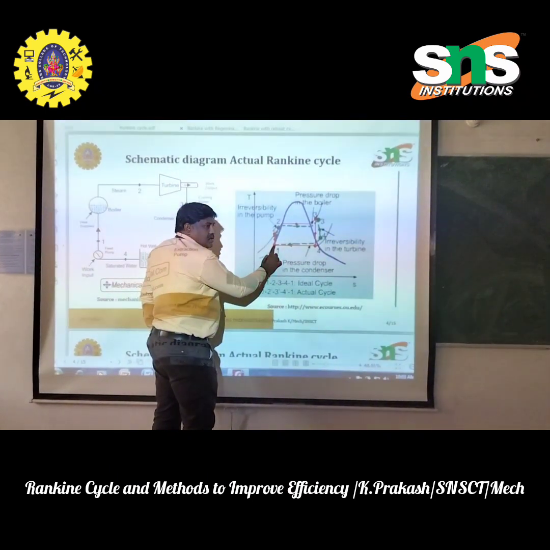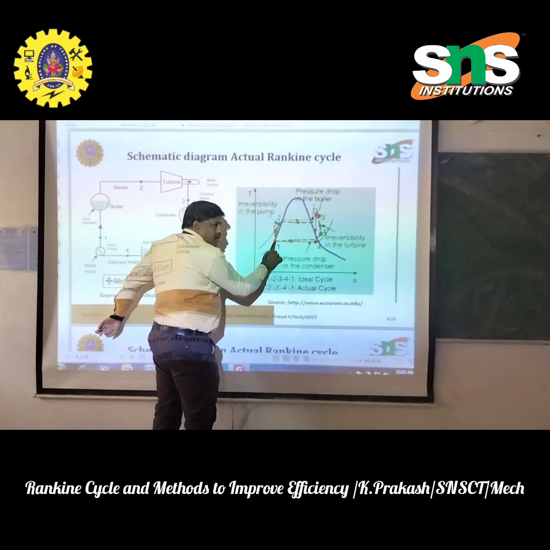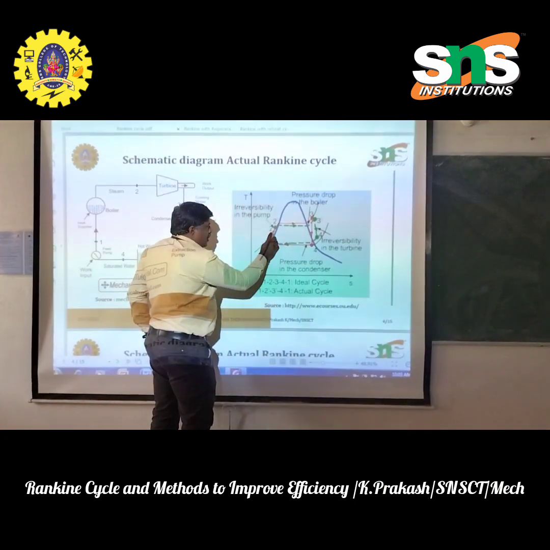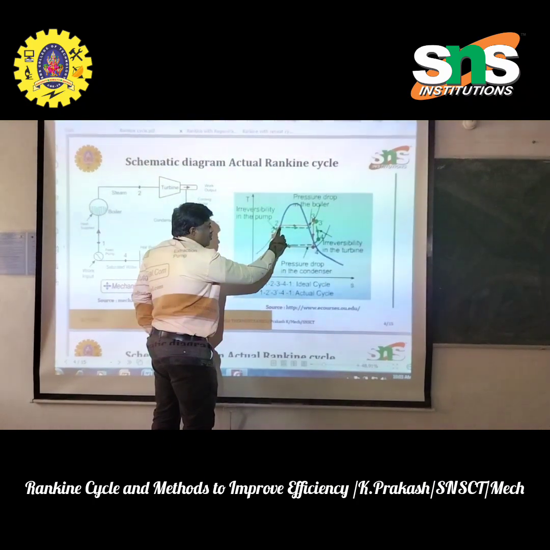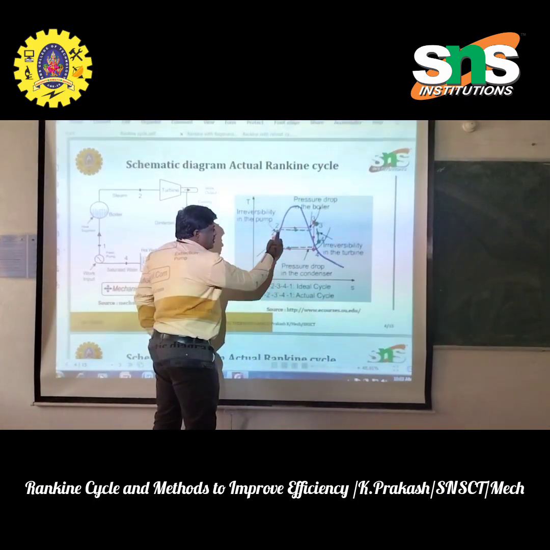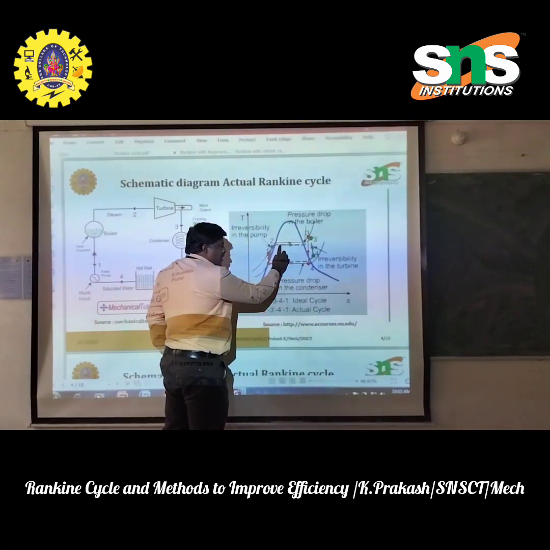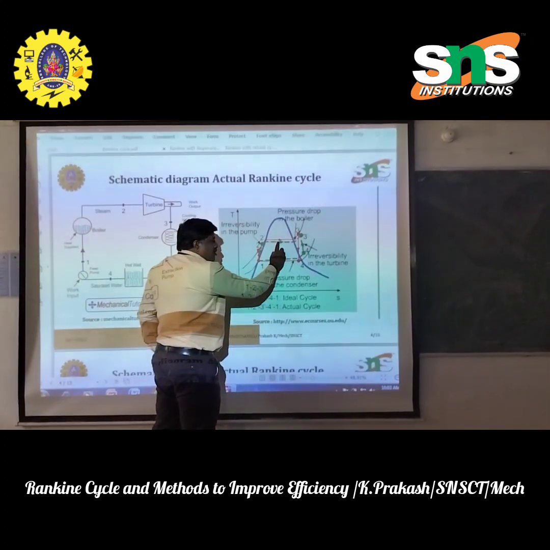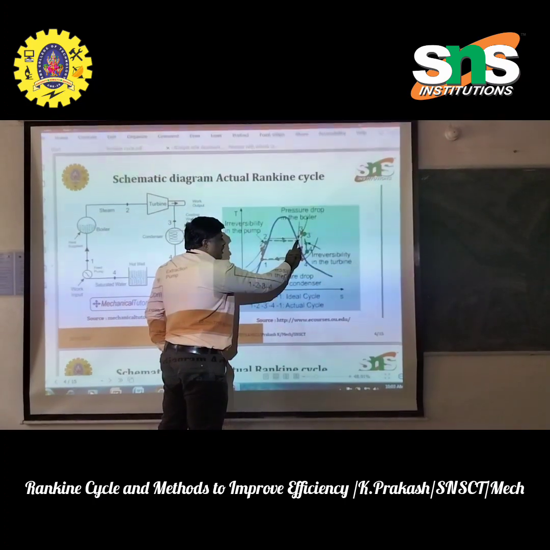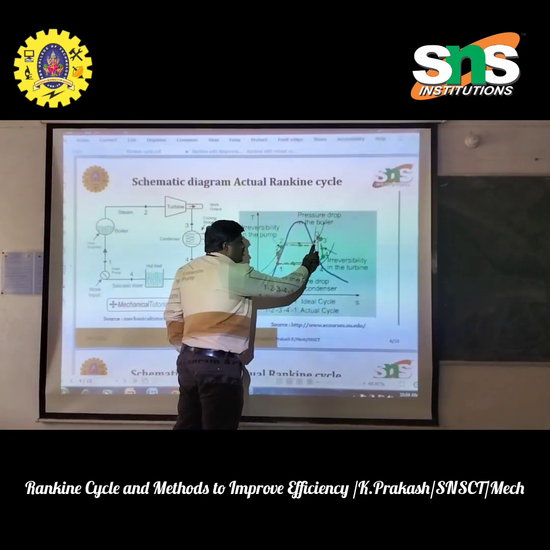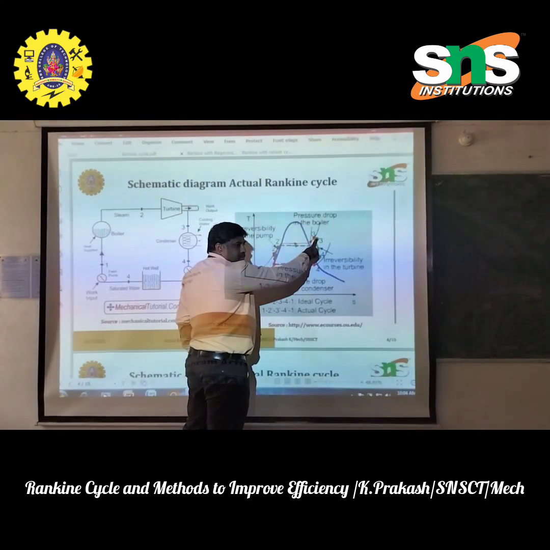When the water is pumped in the pump, the pressure increases and it attains stage 2. Then when heat is added, the temperature increases and water is converted into wet steam initially. When it reaches here, it is dry steam. Again it is continuously heated, so it reaches superheated steam.